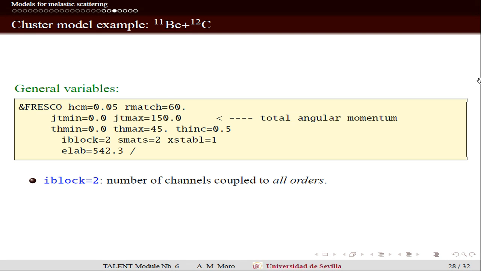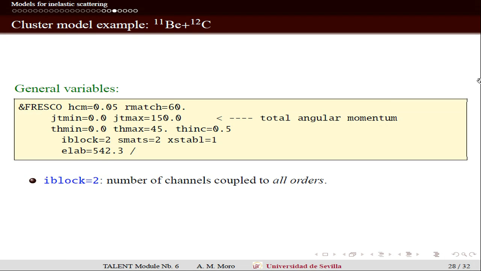So for Fresco, the first part is common to all inputs that you have written. So you have some general namelist with variables. And make sure, I emphasize here, last week, many of you started from the input examples that we gave you, and you changed the potential, you ran the code, and you obtained sometimes strange results, oscillations.